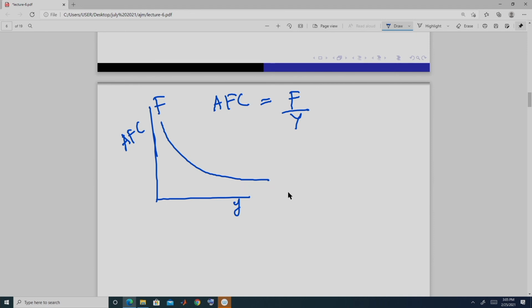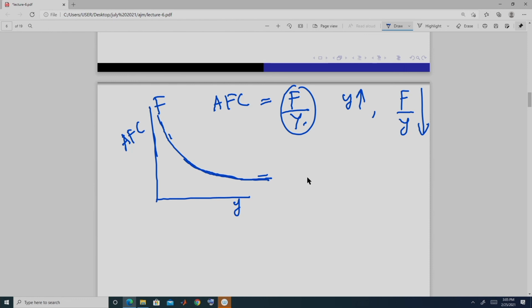It will go down asymptotically, approaching the y axis at infinity, and at output equal to 0, this will take a very high value. So, average fixed cost is always going to go down, because as y increases, this F is fixed. So, this is going to go down. So, it is going to be something like this, right.